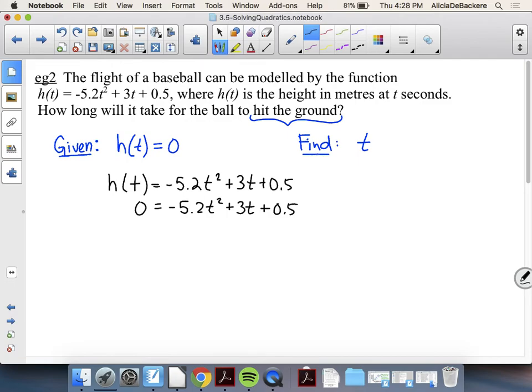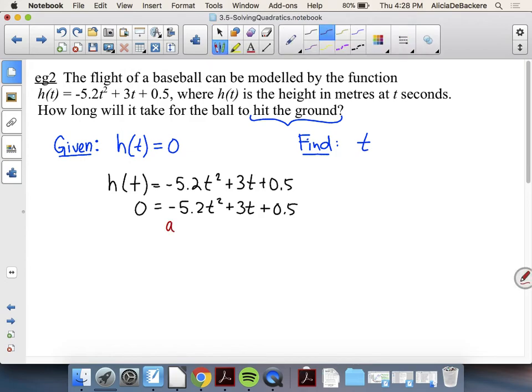Now when I look at this equation, I could try to factor it and ask myself, what two numbers multiply to a half times negative 5.2? But that's a decimal, and I don't want to have to worry about that. So whenever it's decimals for my coefficients, I can use the quadratic formula right away.